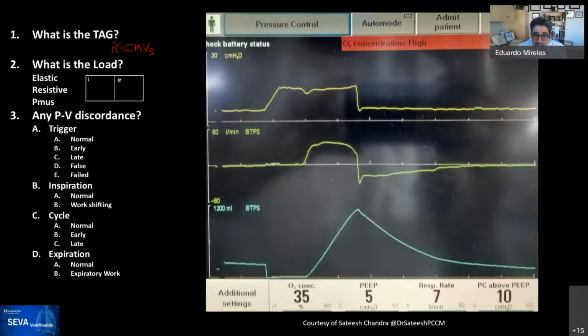So it's pretty prolonged in general, and the rate is low with a low amount of support, which I presume was an attempt to deal with this patient's breathing pattern and trying to help with that. So, that would be the tag.